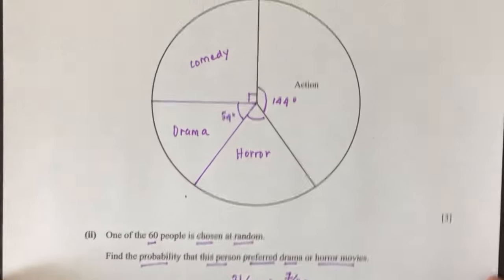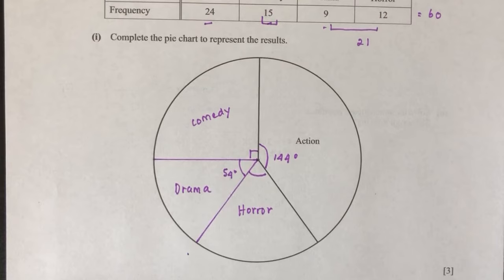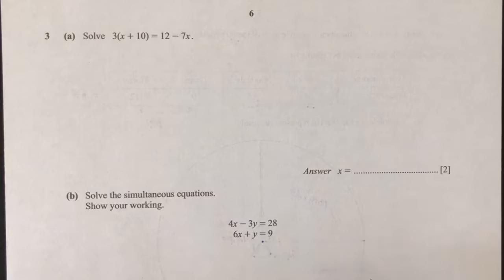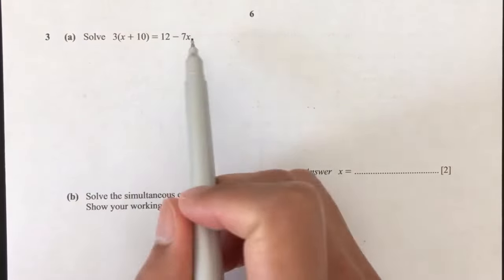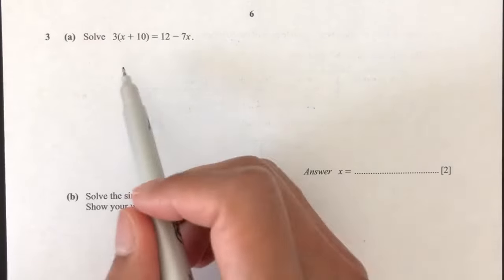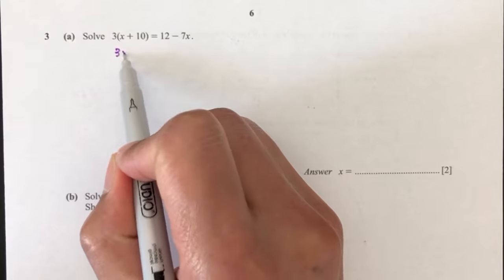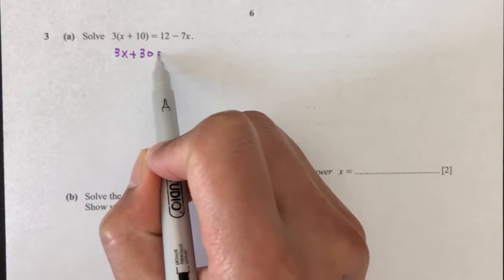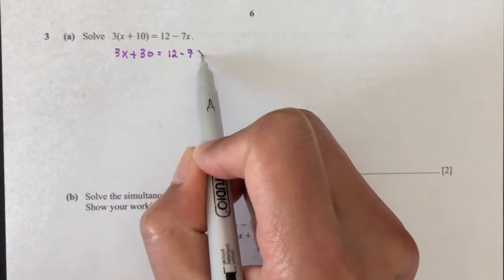So that's it for question number 2. And let's move on to the next question. Question number 3, part A. So you have to solve this equation. So the first thing you do is to expand the brackets. So we have 3x plus 30 equal to 12 minus 7x.